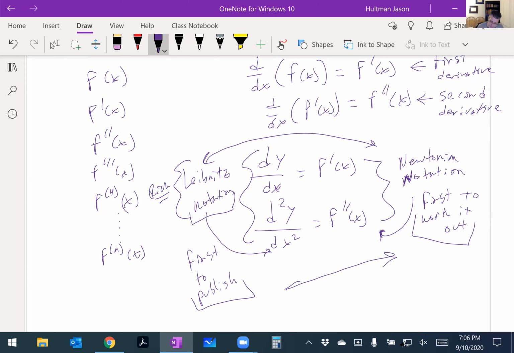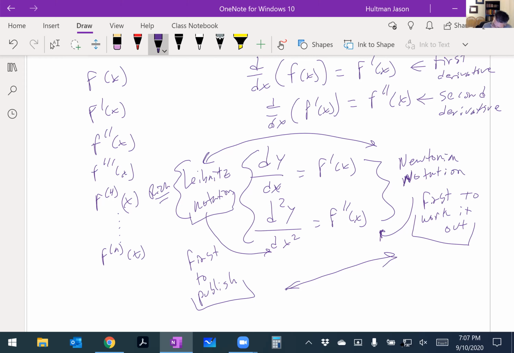So they were bitter rivals. Newton's like, why'd you steal my stuff, bro? And Leibniz was like, I didn't steal your stuff. This is all my stuff. I didn't even know you were working on it. They actually ended up discovering calculus at the exact same time. It's kind of interesting.